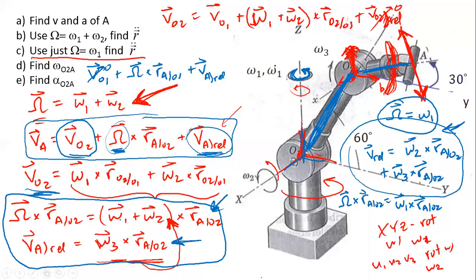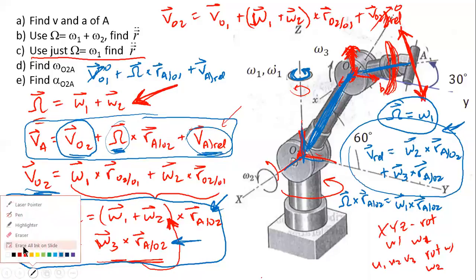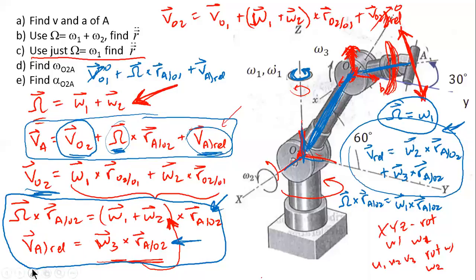Let me see if I can make a little highlighter deal. No, I want a laser pointer. Hold on. You've got omega 1 crossed R. You've got omega 2 cross R. But in this case, then it's in the omega cross R term, and then I have the V_A/REL is omega 3 cross R. So I've got all of them crossed into R_A with respect to O2.